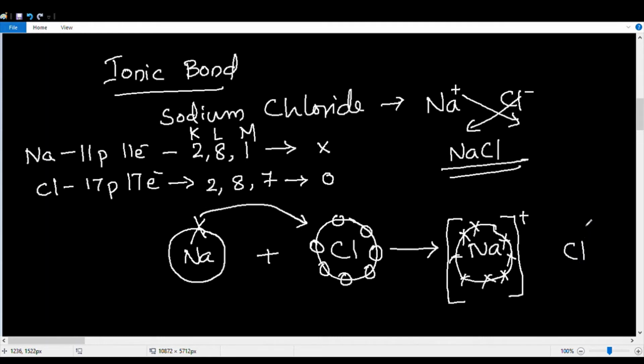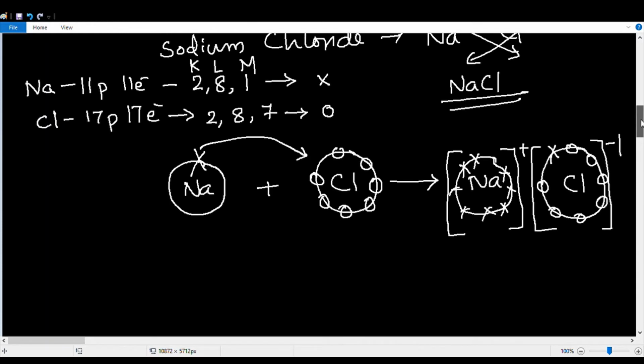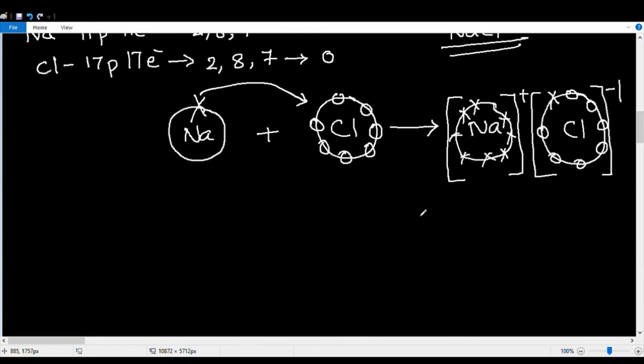Chlorine has 1 cross and 7 of its own, making 8. It accepts 1 electron from sodium, so it is -1 charge. This is how you have to draw the ionic compound in IGCSE exams.